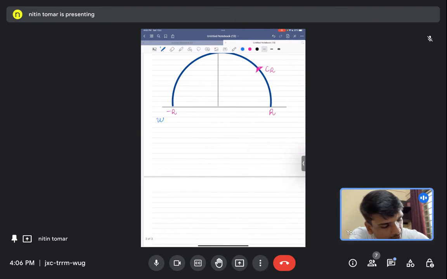So you know the ML inequality, right? We have to show that this integral of f(z) dz over C_R goes to zero in the limit, so we consider its mod. Now you know the triangle inequality for integration.